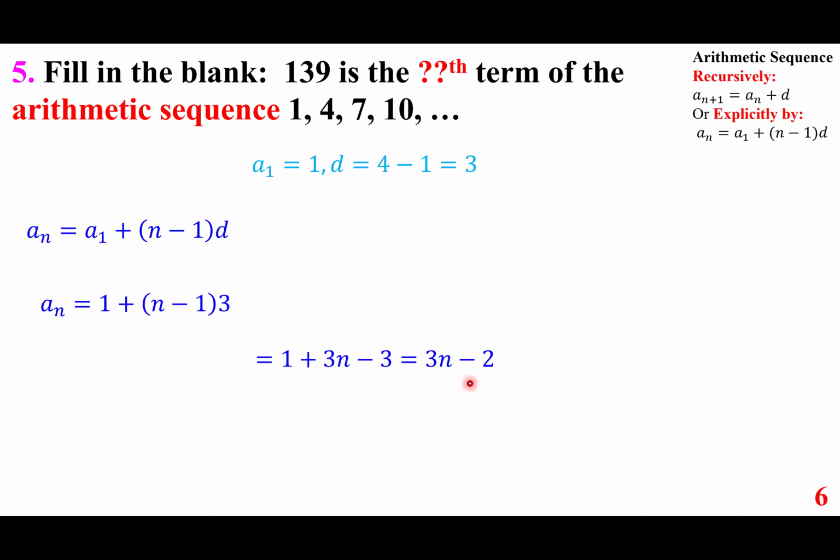And 1 and negative 3 add up to negative 2. So a sub n is 3n minus 2. Set this equal to 139.